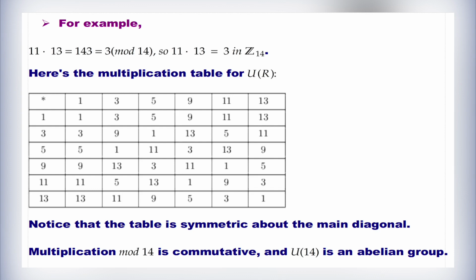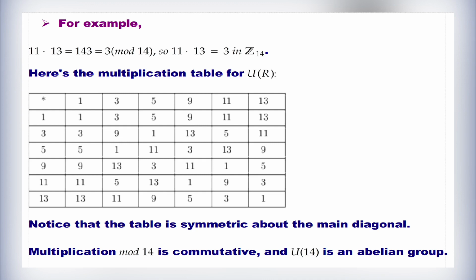Next, we multiply 3 star 1 is 3, 3 star 3 is 9, 3 star 5 is 15. When we divide it by 14, the remainder is 1. So, the answer is 1. Now, 3 star 9 is 27. When we divide it by 14, the remainder is 13.